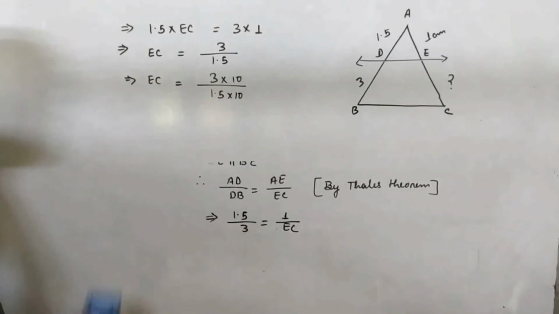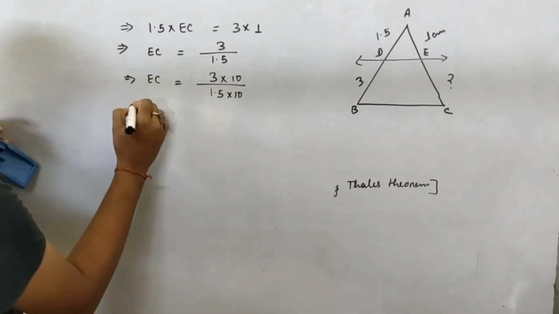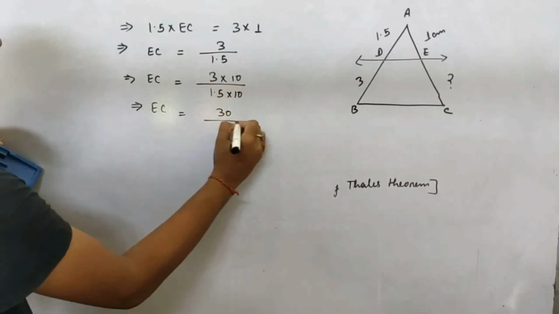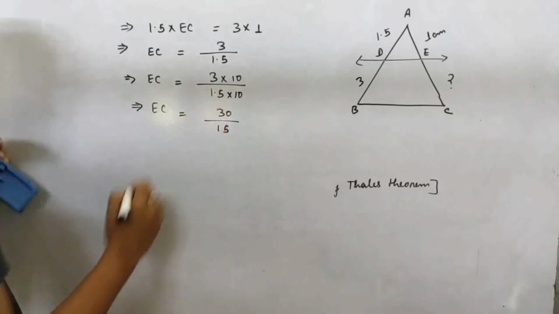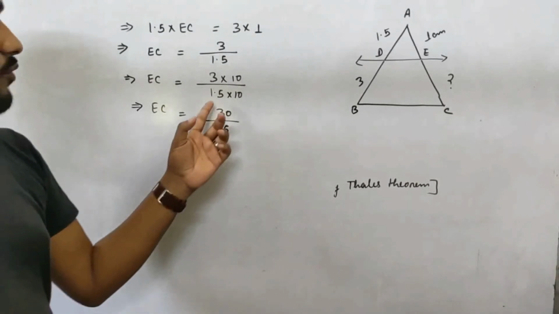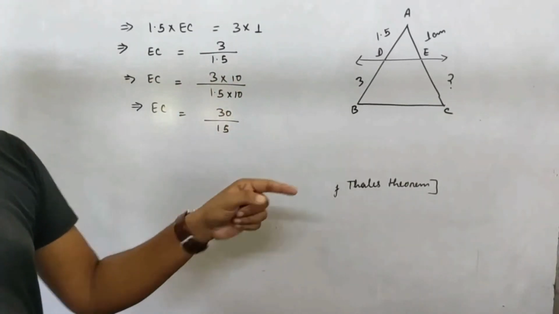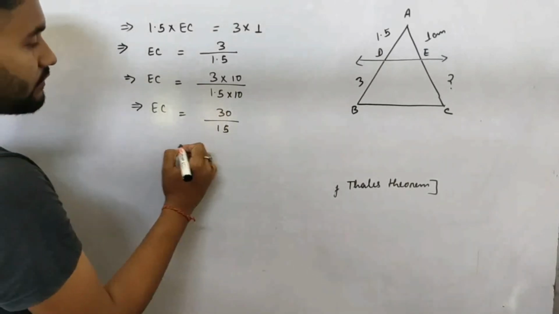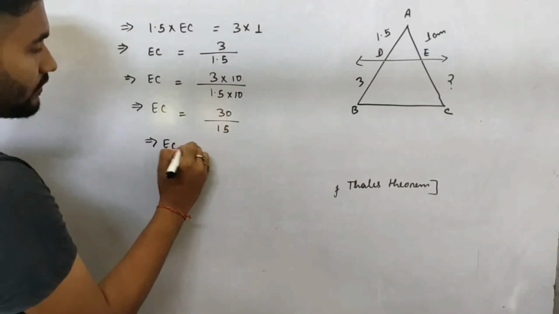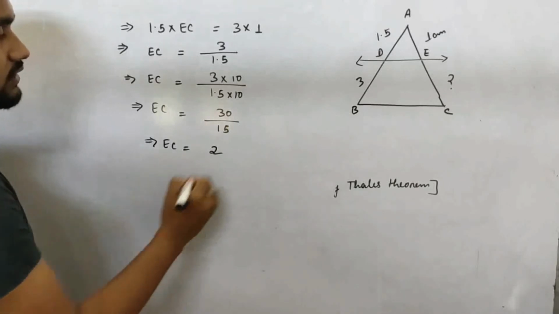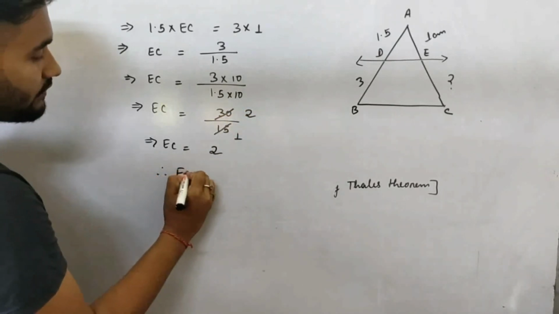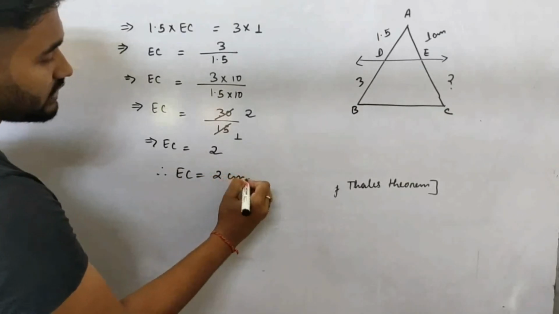Which implies EC will be equal to 3 tens are 30, and 1.5 into 10 is 15. The point will go that side, since I have multiplied by 10, so it stays 15. 15 ones are 15, 15 twos are 30. So therefore, what is the value of EC? The value of EC is 2 cm.